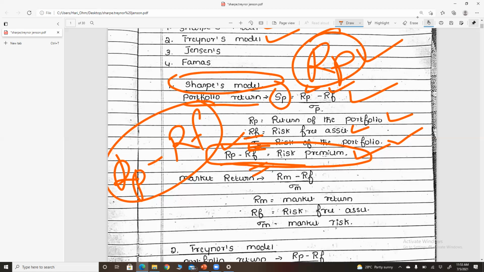Now, what is risk premium? See, if you invest money instead of in risk-free assets, take for example, if you have 10,000 rupees, instead of investing that 10,000 in a bank or post office, if you invest the 10,000 in shares or a portfolio, a grouping of securities, then you get extra return. That is nothing but risk premium. If you invest in a post office, you may get around 6% return.